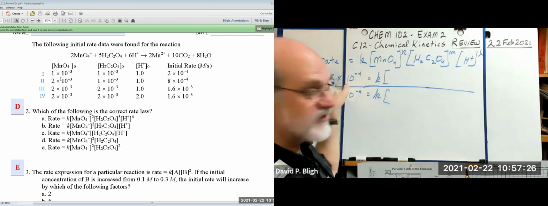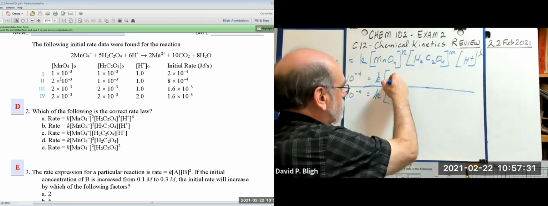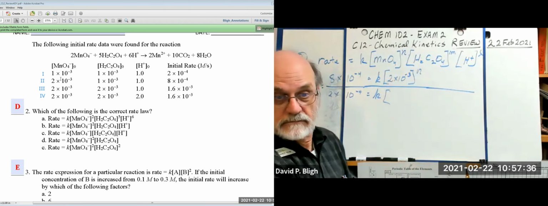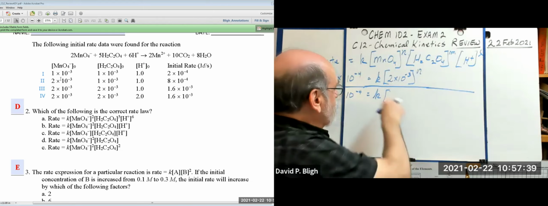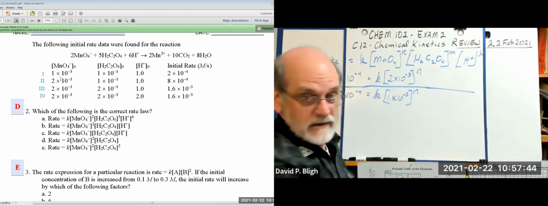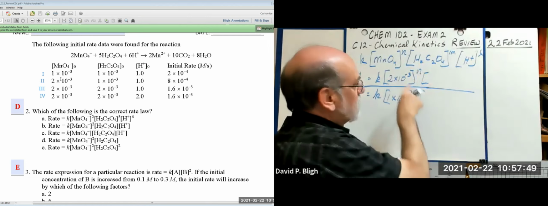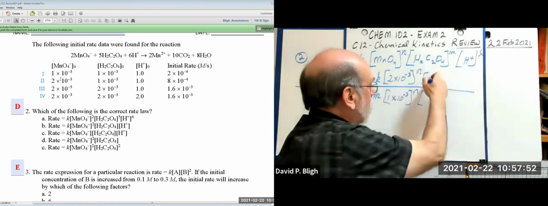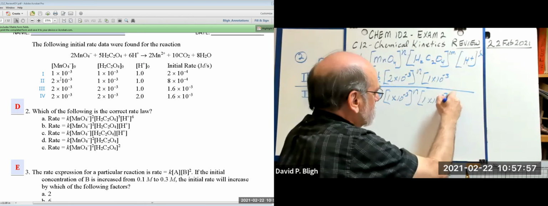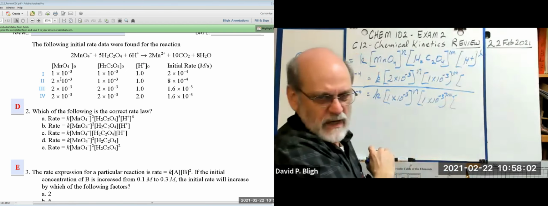For the second equation, the value for MnO4 is 2 times 10 to the minus 3 to the n power. And for the first one, it's 1 times 10 to the minus 3 to the same order. These guys don't change. This one's 1 times 10 to the minus 3 to the m, and this one is 1 and 1.